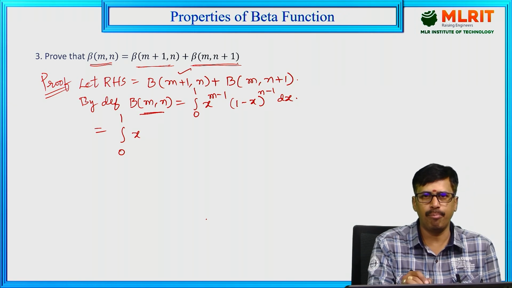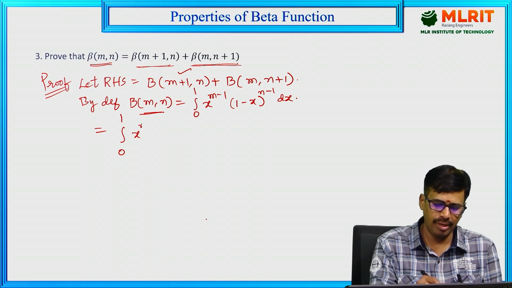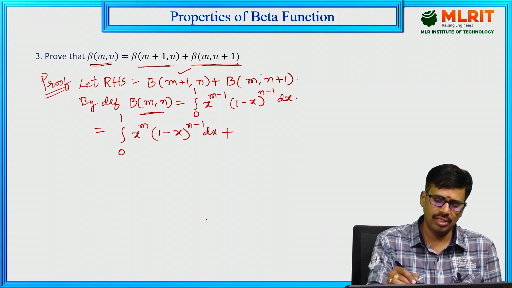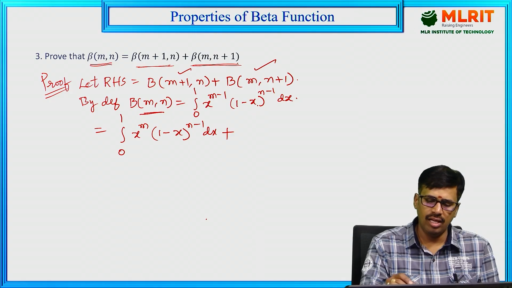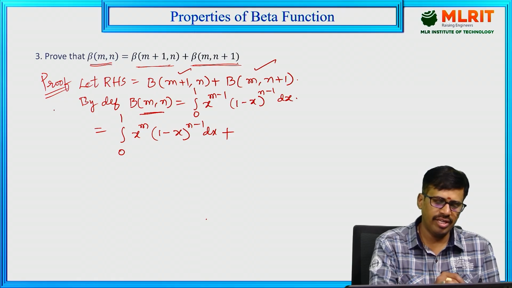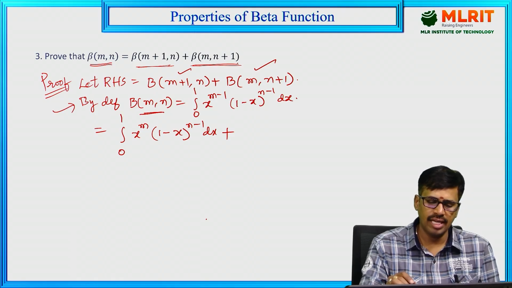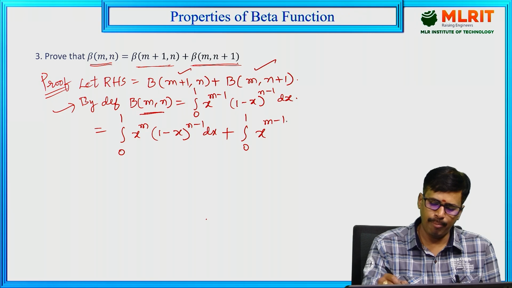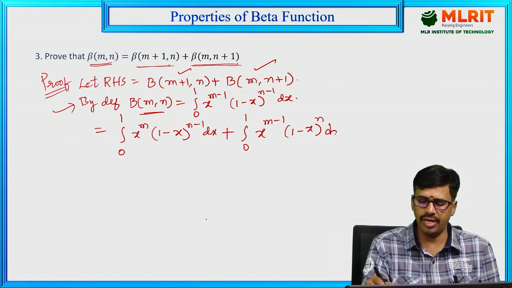Here m means m plus 1, so m plus 1 minus 1 becomes m, into 1 minus x power n minus 1 dx, plus in the second integral, beta of m comma n plus 1 is there. So in this definition just replace n with n plus 1. So we get integral 0 to 1 x power m minus 1 into 1 minus x whole power n plus 1 minus 1, which is n, dx.